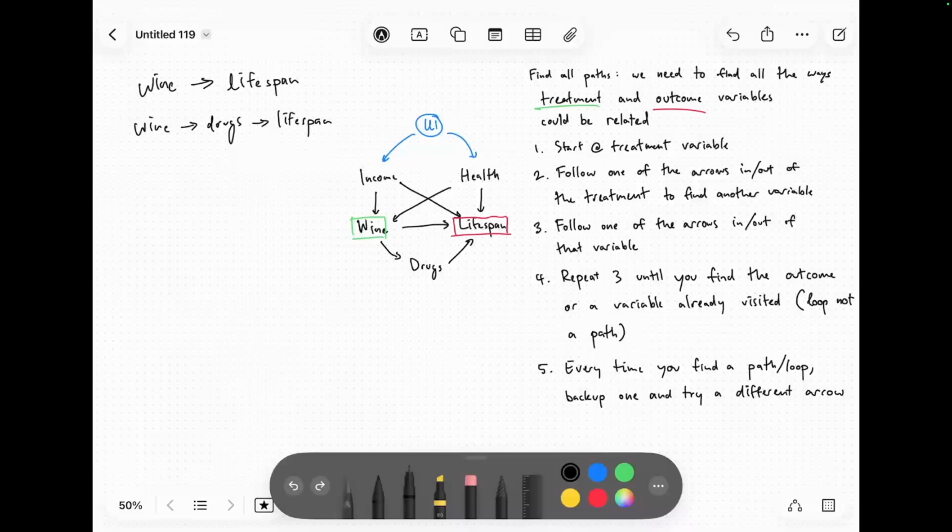So we could go wine and lifespan too. Wine, health, lifespan. So wine from health to lifespan. Okay? That opens up the doors, right? What else do we got? You guys have gotten 3 out of the 7.